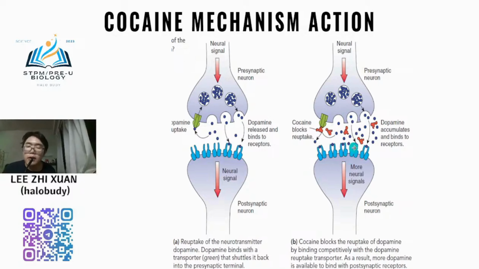You need a high amount of dopamine there. So to overcome this, you need to consume cocaine again, so that you can maintain the high concentration of dopamine.